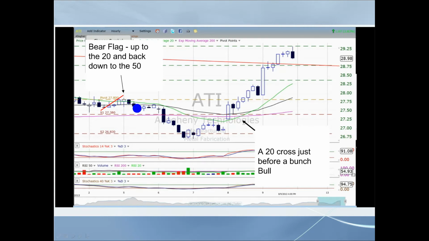That's a big bear flag for us to watch. We want to watch this play out before we play it, because that flag is definitely a warning sign for us, and this one played out to the downside. But as we had seen, it hit off a couple pivot points, back up almost to the pivot points again, and through. The 20 crosses the 200, easily crosses that 50, and we see big moves to the bull side.